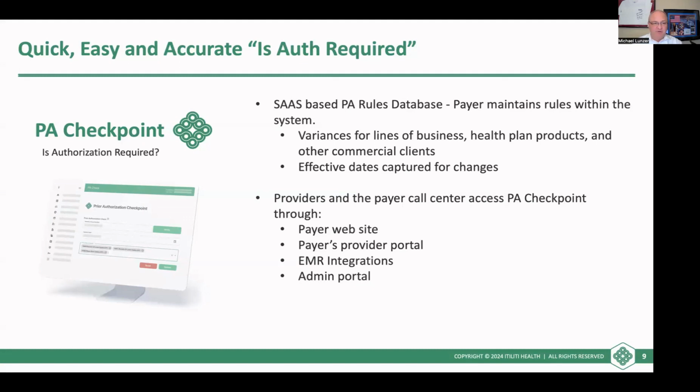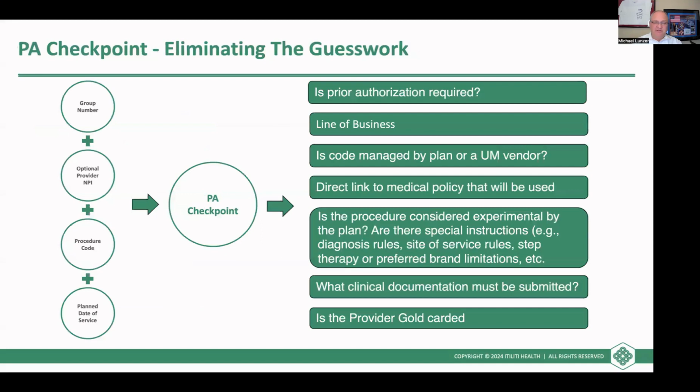The PA Checkpoint product is available and accessible through the payer's public website, the payer's provider portal, EMR integrations, and then there's also an administrative portal. So ultimately, we make it really easy for the provider to come in and get a lot of information about the procedure that they're about to perform.